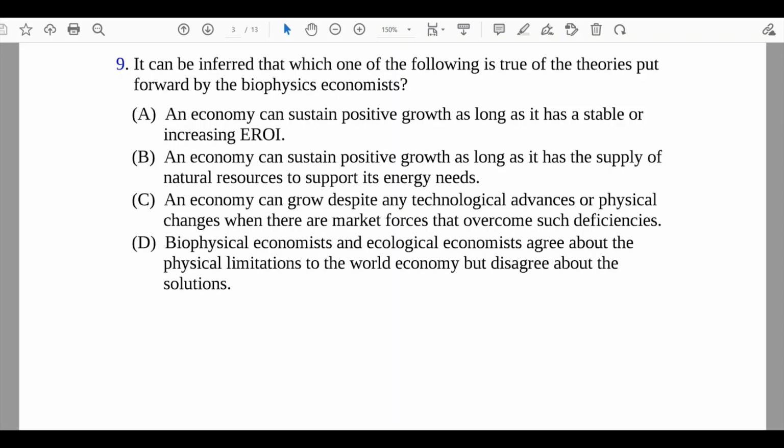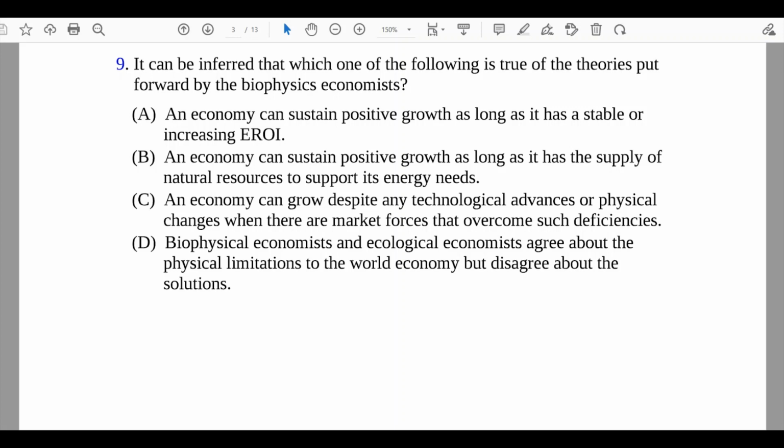Let's talk about answer D, which seems viable as a choice. But the passage really doesn't indicate what solutions these two groups offer for solving the world's economic problems. So you don't know whether they agree or not about solutions.